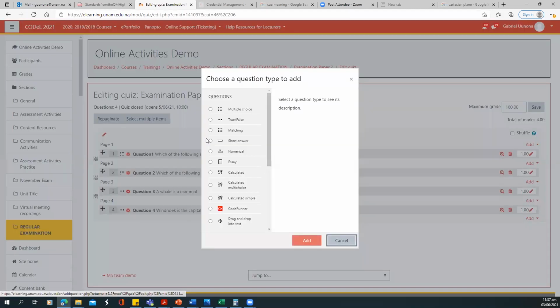Let's move to another question type, which is matching. Now, the matching question type can be used for so many things.